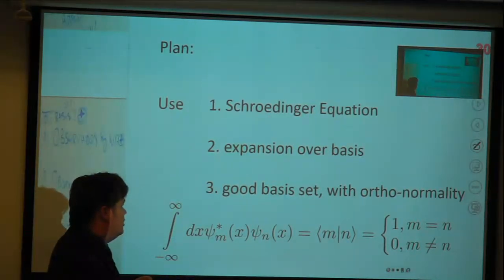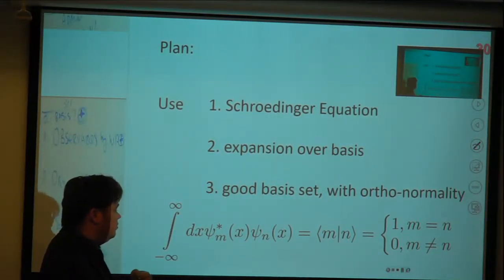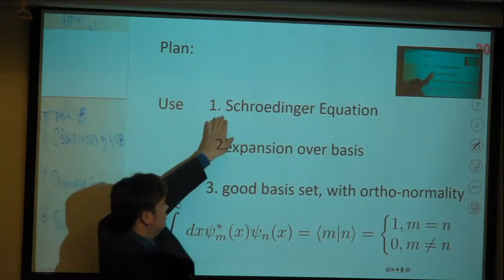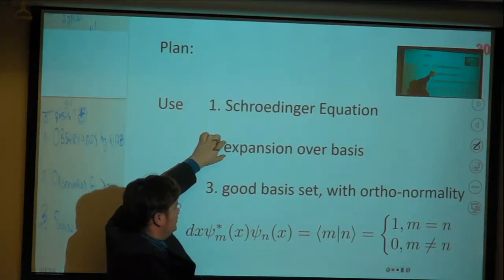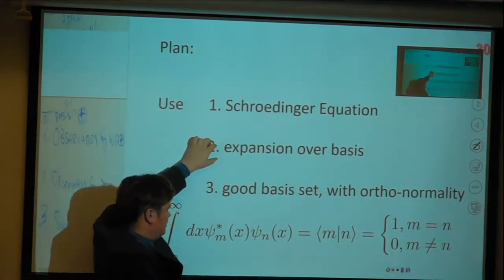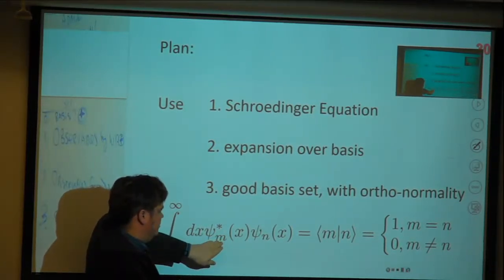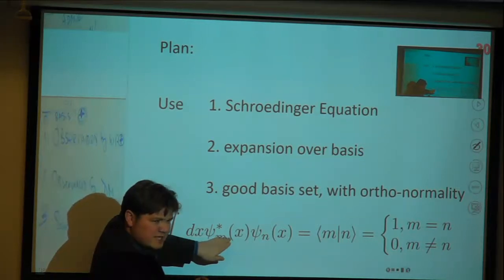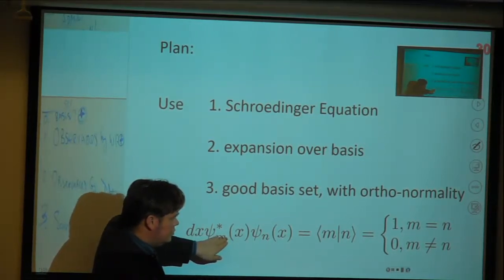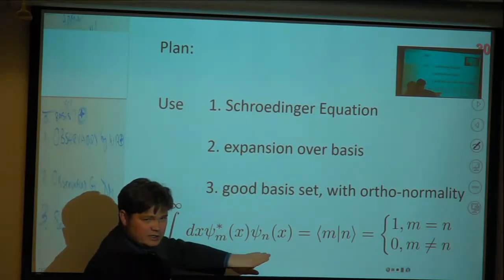So we are going to merge together the time-dependent Schrödinger equation and the concept of expansion and expansion coefficients. And we will keep in mind that the eigenstates, or even not eigenstates, just the basis functions that we use, obey not only orthogonality but orthonormality.